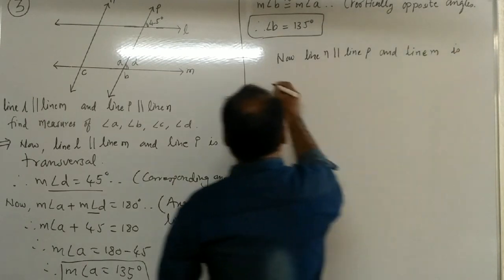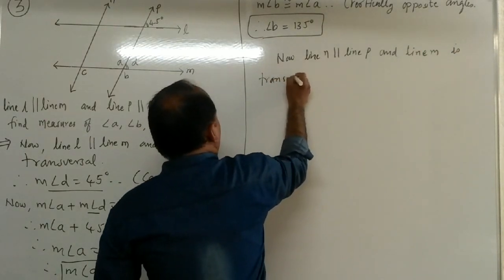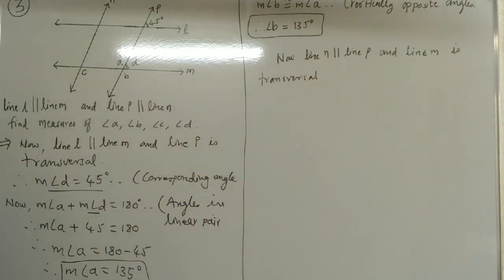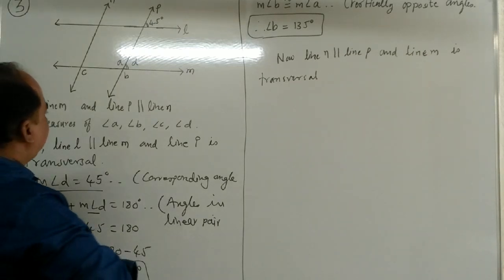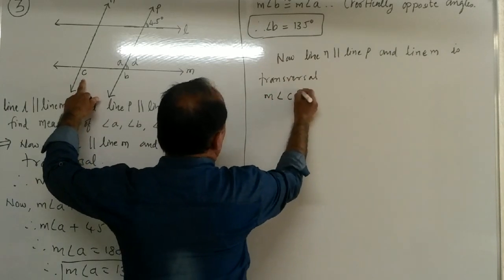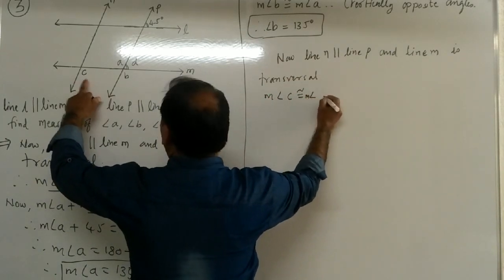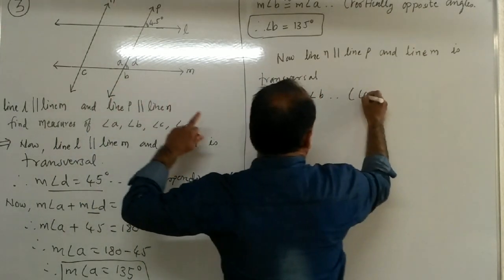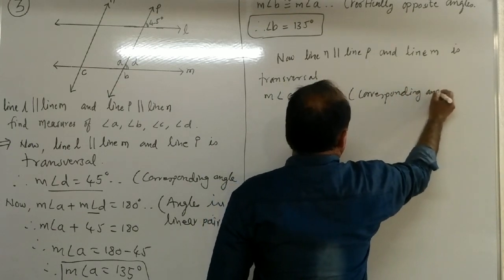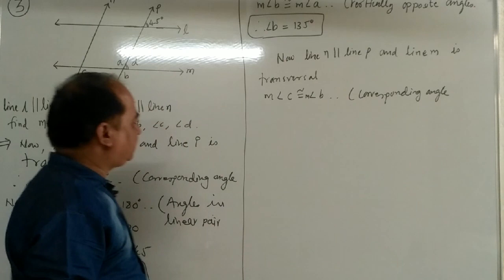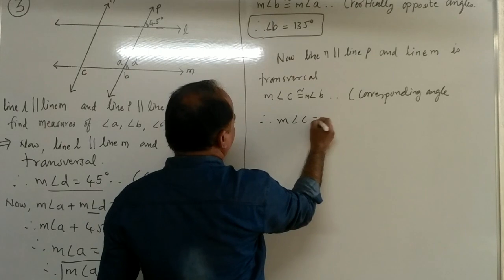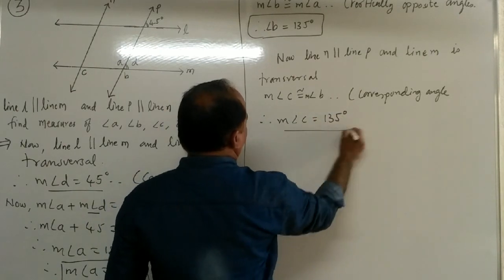Therefore, measure of angle C is congruent to measure of angle B. Corresponding angles are congruent. Now, measure of angle B is equal to 135. Therefore, measure of angle C is also 135 degrees.